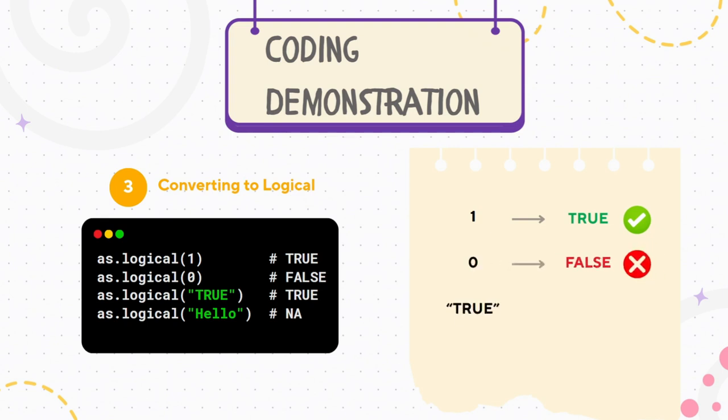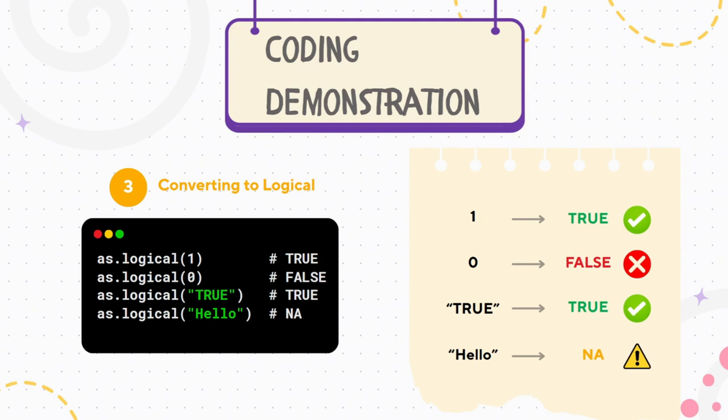And then the word "TRUE" is also valid, since it is just the logical value TRUE wrapped inside double quotes. So if we try to convert a string value of "TRUE" into a logical data type, it converts into the TRUE value. But normal strings don't work. "Hello" will return an NA, meaning that R doesn't understand how to convert it.